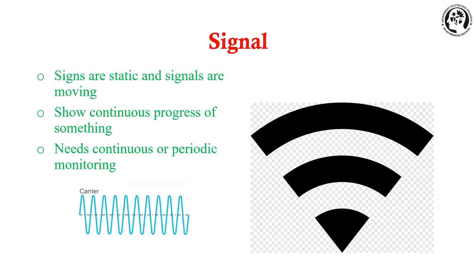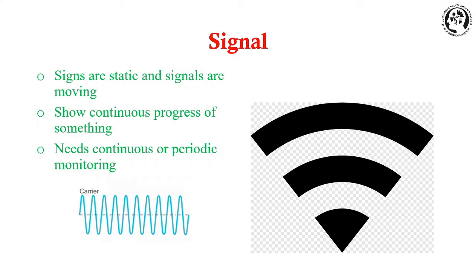The next type is signals. There is a basic difference between sign and signals. Signs are static. They don't show any movement. They don't show any continuity or streaming. But signals are moving.